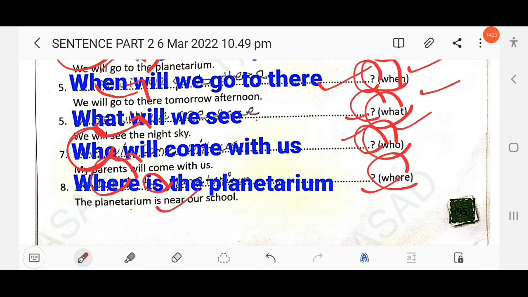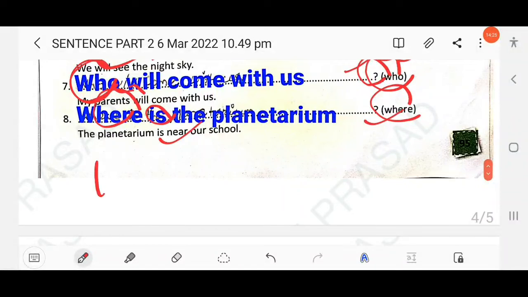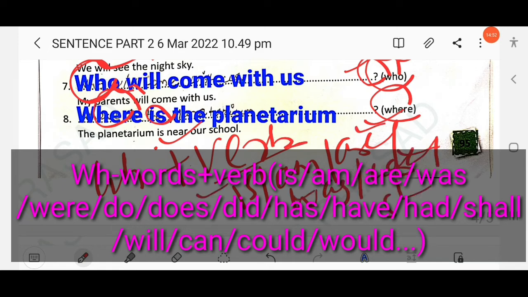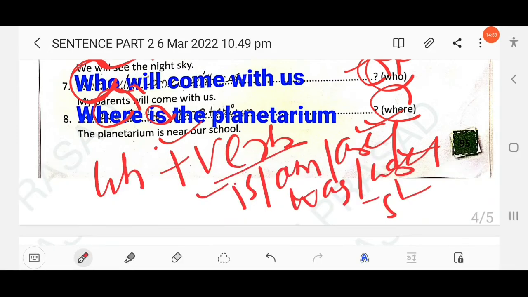Clear? You have to remember, after the WH word you have to use a verb. Verb means is, am, are, was, were, shall, will, has, have, do, does.